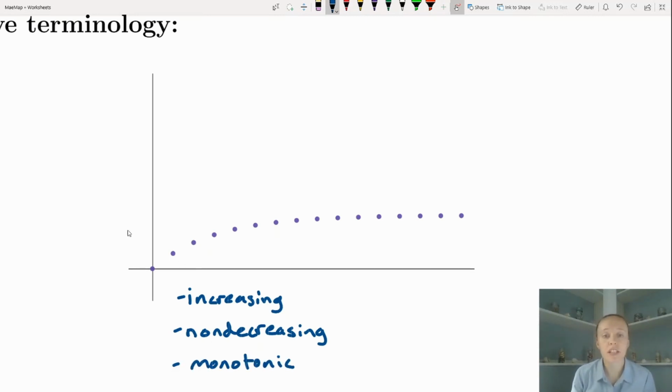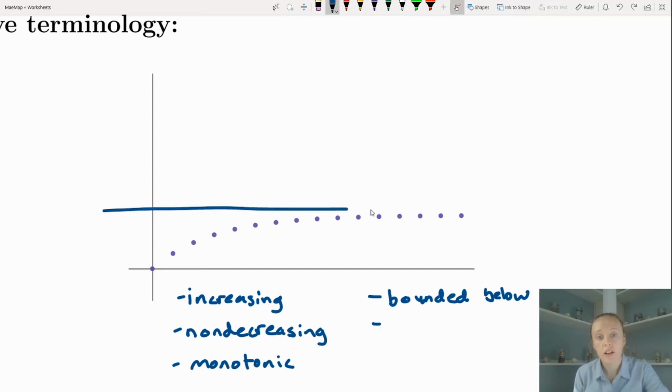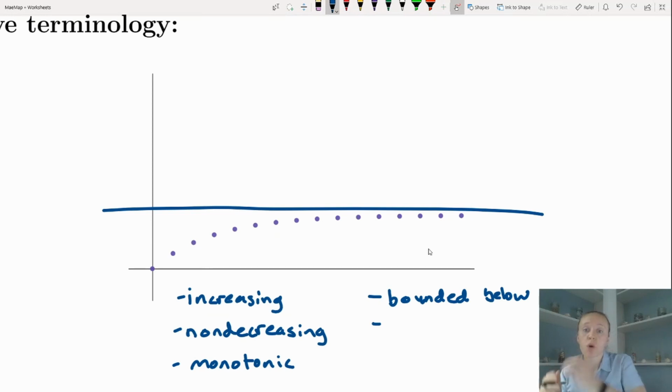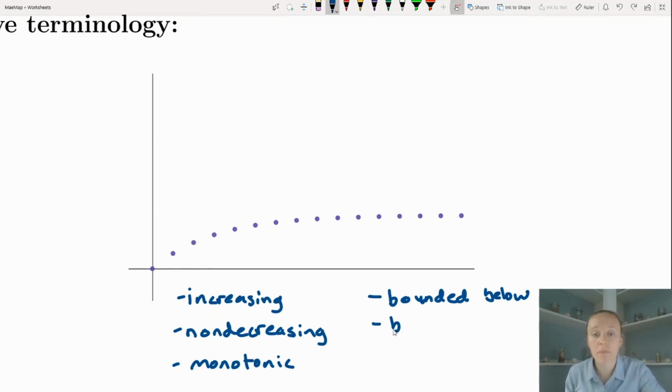Now in this case, you can see that we're bounded below, just like in the previous example, and we're also bounded above. You can see that if we continued this sequence on, the change is getting smaller and smaller between my terms. We're approaching some finite number, therefore we're bounded above. These terms are always going to be less than or equal to some number. And if we're bounded both below and above, we are bounded.